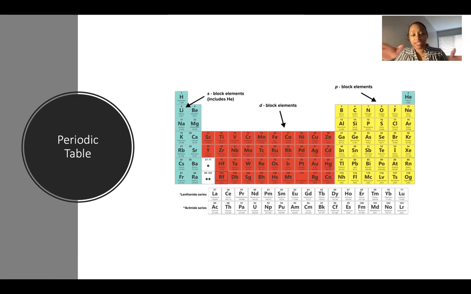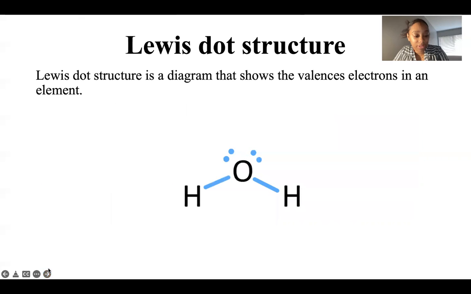All right, so when we're talking about Lewis dot structure, it's important to know your way around the periodic table, right? We know that the Lewis dot structure is just a diagram that shows the valence electrons in an element.